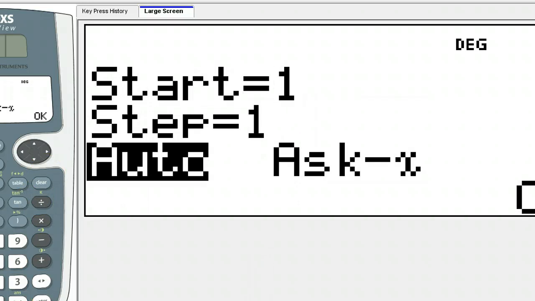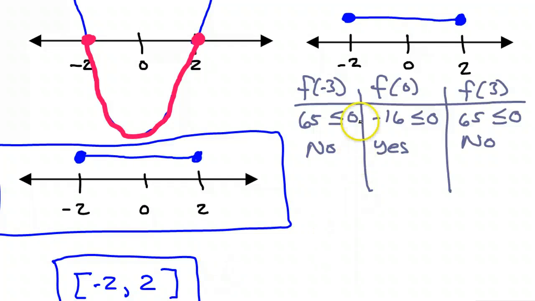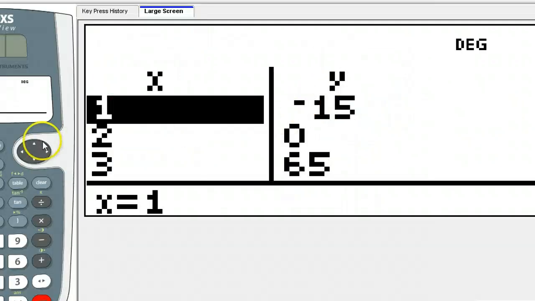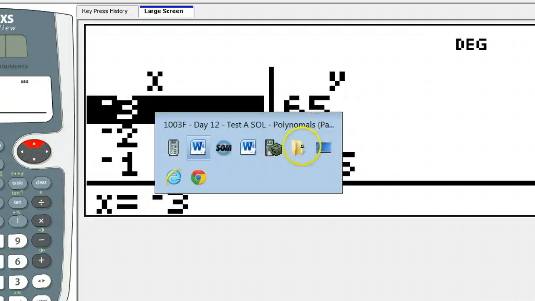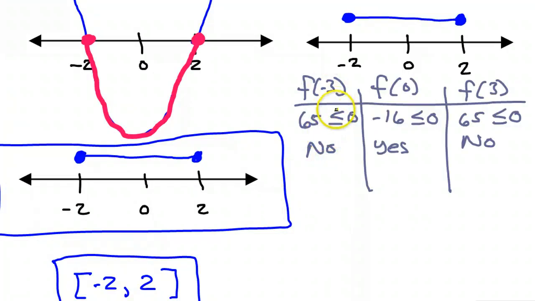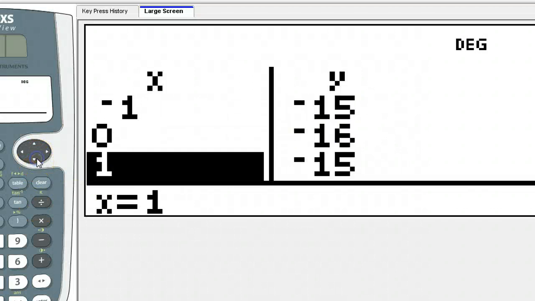Let's just look at the table real quick. So the table is evaluating each of these x values. If I want to know what the value is at -3, I can just scroll to -3 and take a look, and I see it's 65. That's the same thing we got when we plugged it in, but look how quick that was. If I want to know what's happening at 0, I just scroll down.